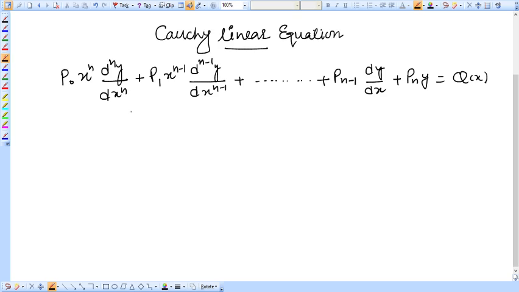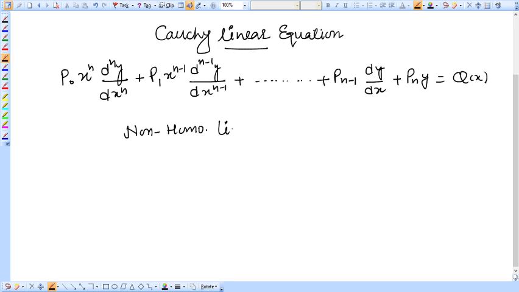So obviously this is a non-homogeneous linear equation, linear because y and its derivatives are multiplied with the independent variable.